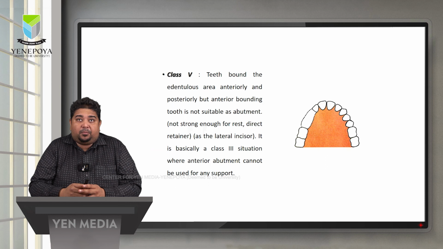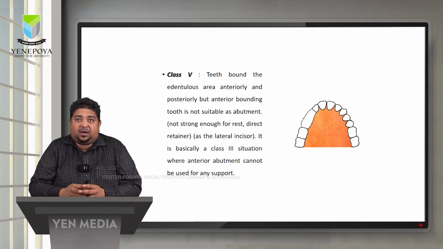So once he brought in the rules, 2 additional classes were added. Class 5 basically meant teeth bound the edentulous area anteriorly and posteriorly, but the anterior bounding tooth is not suitable as an abutment. Or basically what it meant was it was not strong enough to be used as a direct retainer. As in this case, you can see the lateral incisor.